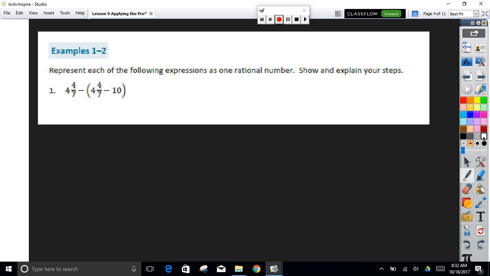Subtracting is the same as adding the opposite. So I'm now going to add the opposite by adding. I'm going to make everything inside the parentheses its opposite. So I have -4 and 4/7. The opposite of minus 10 would be plus 10. Okay, what could I do next?